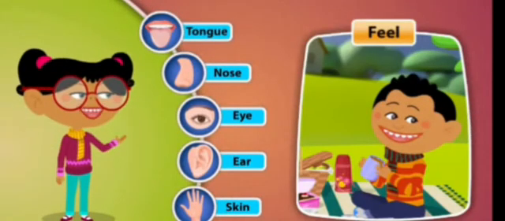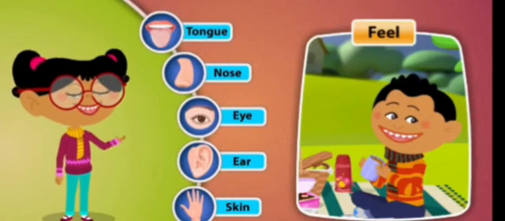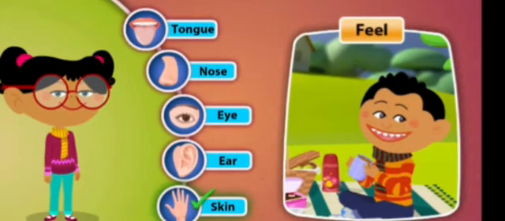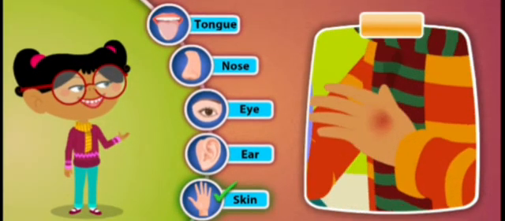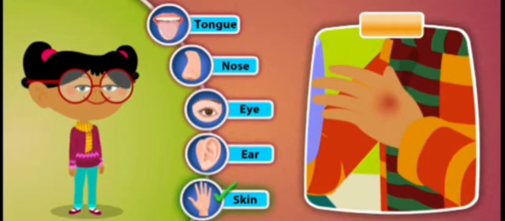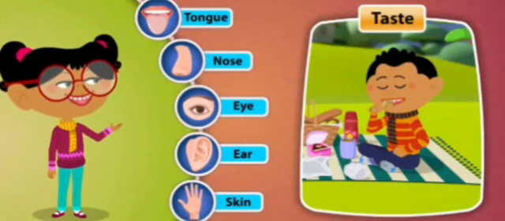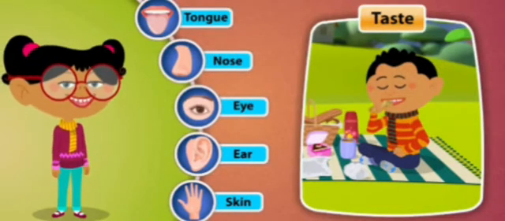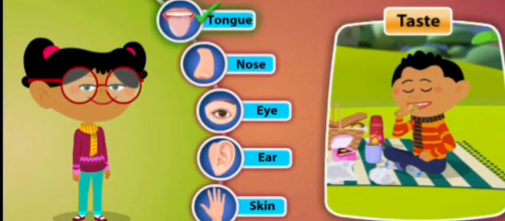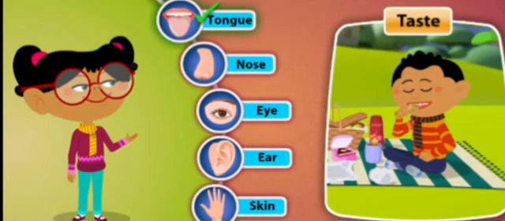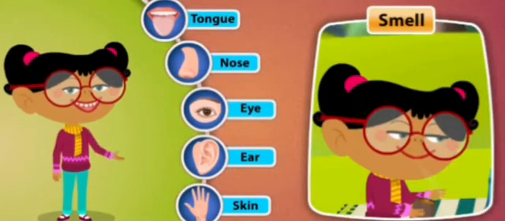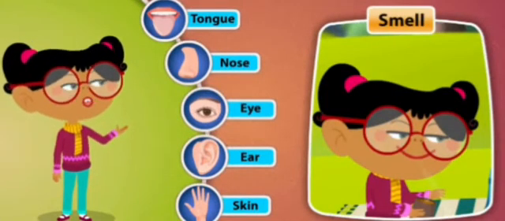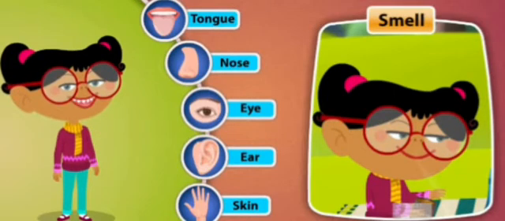Which sense organ helped Pasha feel the hot chocolate? Our skin helps us to feel hot or cold. Which sense organ did Pasha use to taste the salty paratha? Click the correct sense organ. The tongue helps us to taste the food. Which sense organ did I use to smell the yummy food?